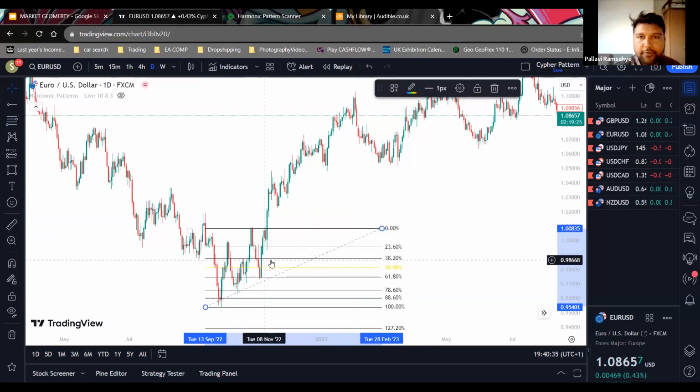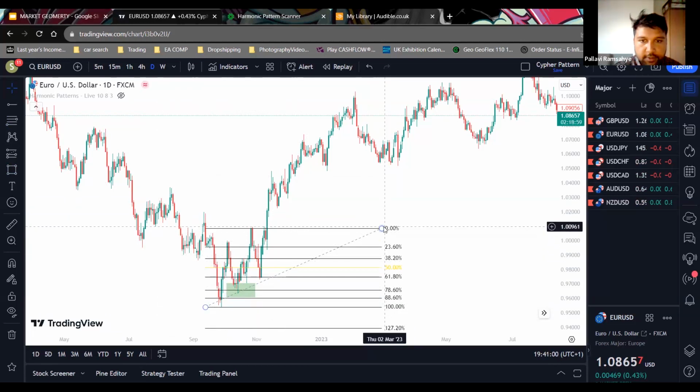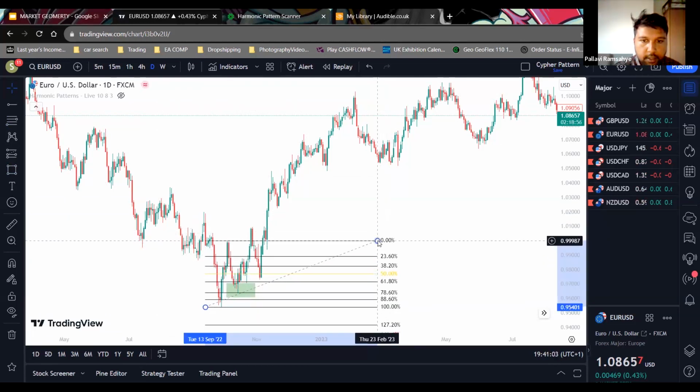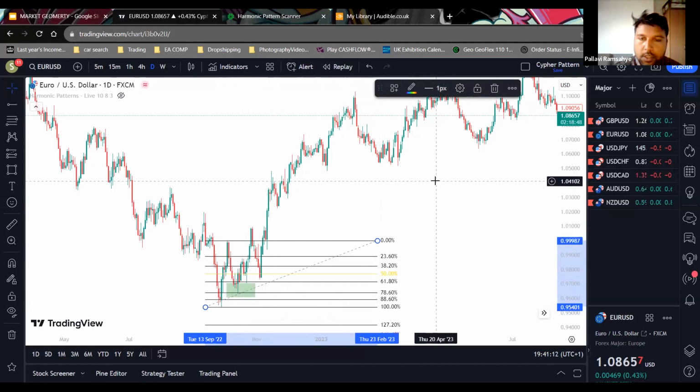This is a good example of a deep retracement with a weak impulsive move. As you can see here, we have that deeper retracement, which then concludes with a weaker impulsive move. Even if I was to bring this down here, it's still quite a deep retracement, and then it continues up. So it's a very good tool to use.